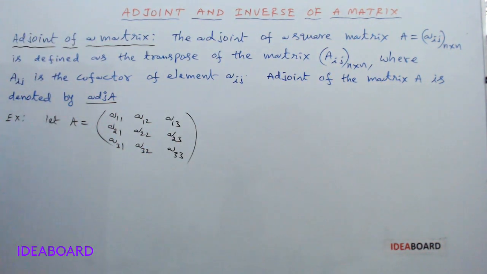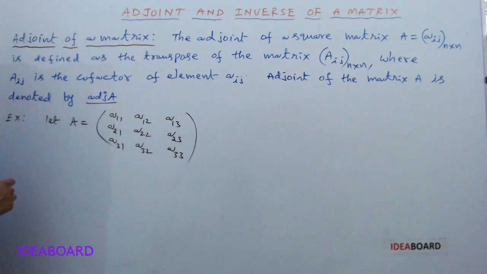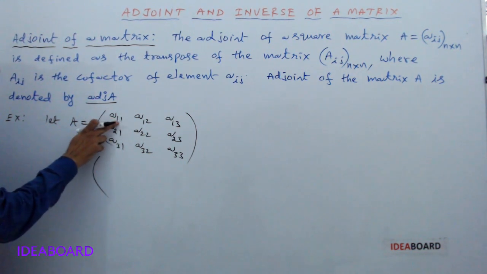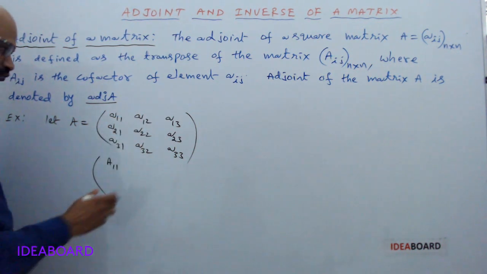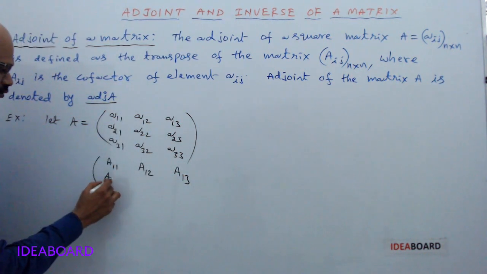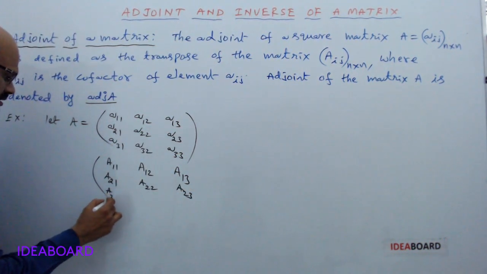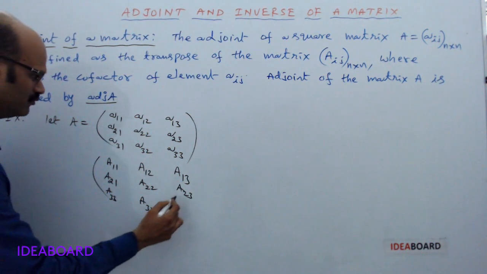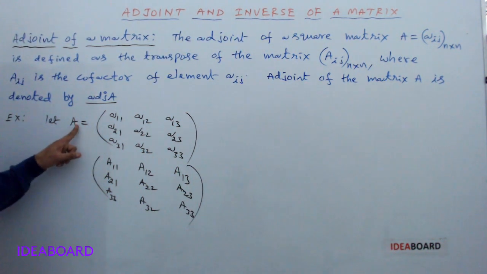Now here we have to find adjoint of A. To find adjoint of A, first we have to write the cofactor matrix of A. The cofactor matrix of A equal to the matrix with the cofactors A11, A12, A13, next A21, A22, A23, then A31, A32, A33. This is the cofactor matrix of A.